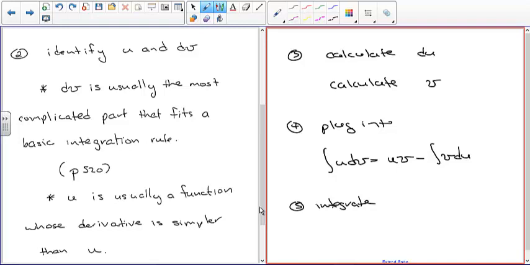Once you have identified u, calculated du and v, then you take your original integral and break it up into two parts, hence the name. And you just plug in what you've figured out in the previous steps, and hopefully you can integrate this. And you integrate, you got the answer. I think that's the last step.